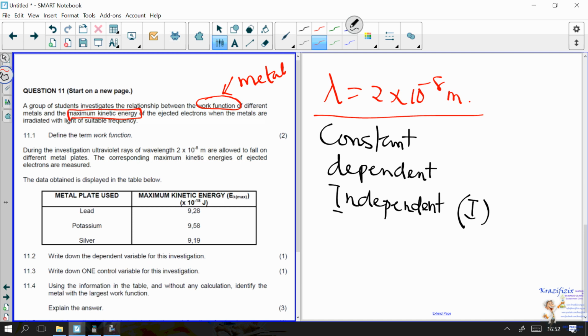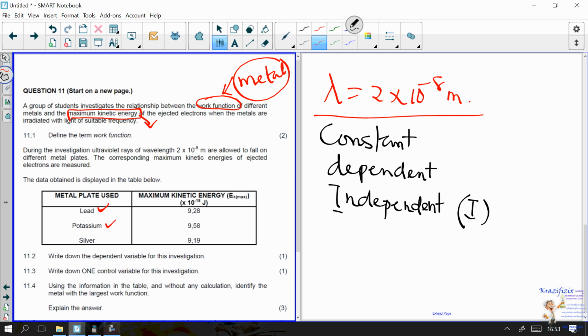Now, in this case, you do not have a direct power over kinetic energy, but you can change the metal. I need you to notice the learners first use lead, then they changed. So if I was doing it, what would I have done? My first experiment, I used lead metal. Then I changed lead into potassium.